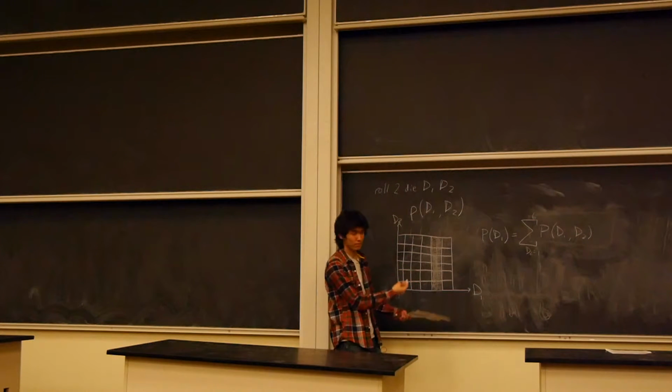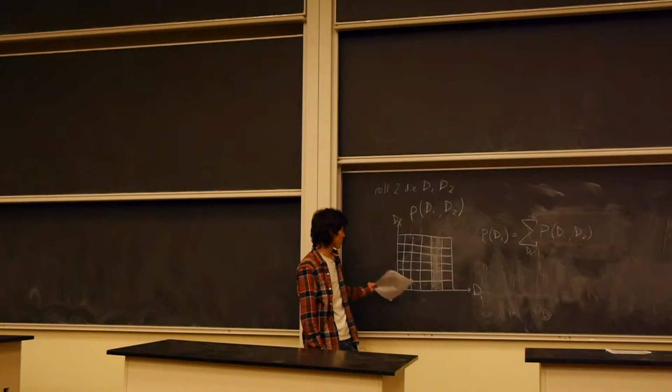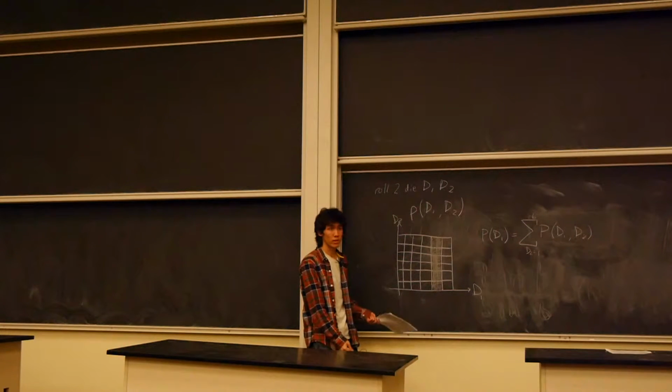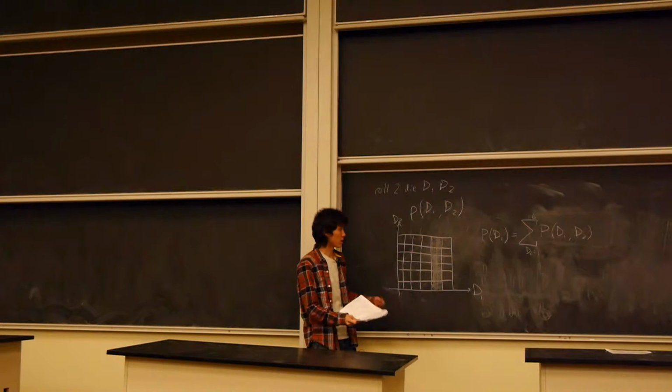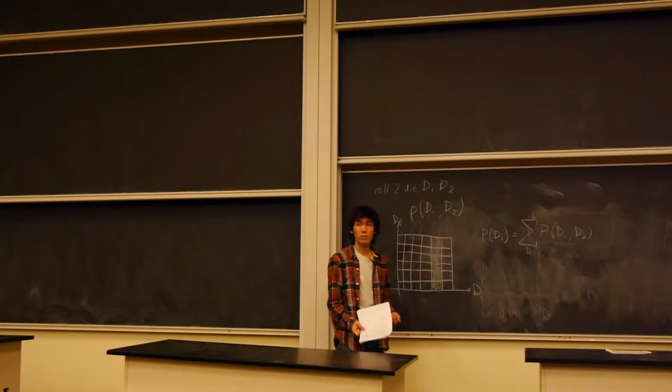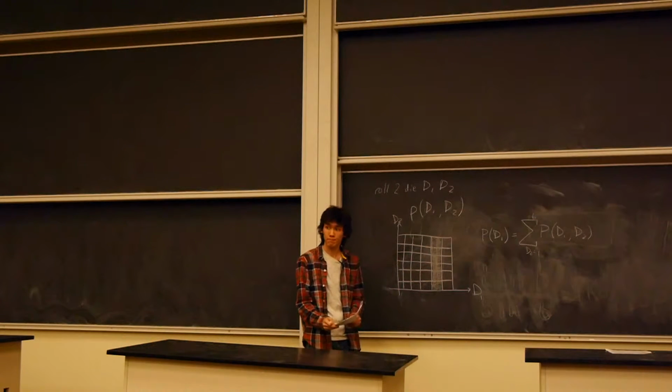But you can see that it's a sum of the individual probabilities over the possibilities of die 2, right? So that's basically just illustrating this point. And this is pretty useful because it's a pretty fundamental fact from probability theory, and we're going to use it to do inference in graphical models.